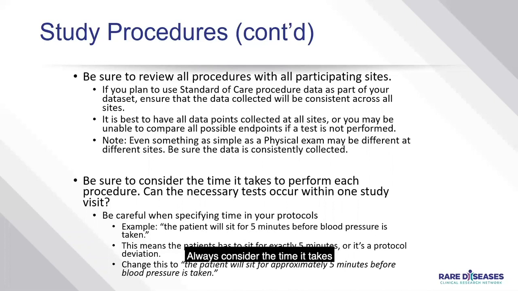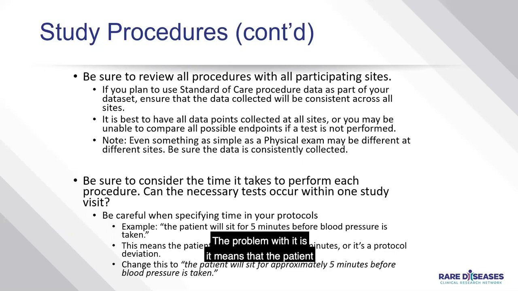Always consider the time it takes to perform each procedure and whether those necessary tests can occur within one study visit. Also be careful when you do specify time because it can cause some issues in terms of protocol deviations. The example we've provided here is the patient will sit for 5 minutes before blood pressure is taken. This is very standard text that we see in a lot of protocols, both industry side and academic side.